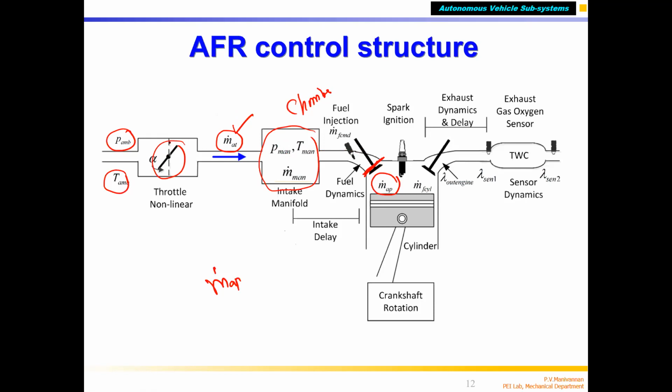Here the restriction is small. Compared to the manifold volume, the volume where the air enters through the throttle restriction is much smaller. So the air from the atmosphere enters through restrictions, and the mass flow rate is controlled depending upon the ambient pressure, ambient temperature, and throttle valve opening alpha, correct.